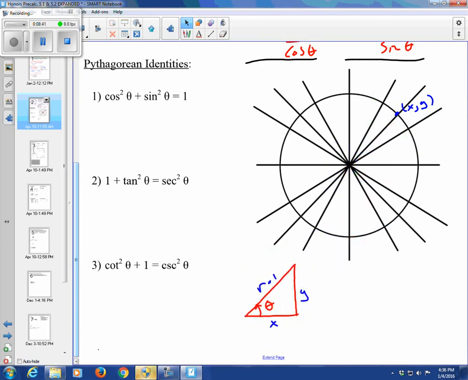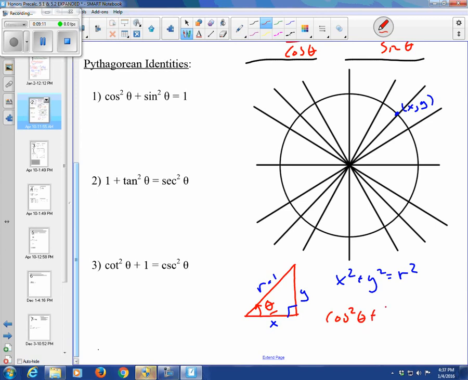Now, if I were to apply the Pythagorean theorem, I could say here that for my reference triangle, which is a right triangle, I have x squared plus y squared equals r squared. Well, right here we know on the unit circle that the x values are cosine of theta. So we could substitute in for x cosine and get cosine squared theta, and we know that the y values are sine of theta.